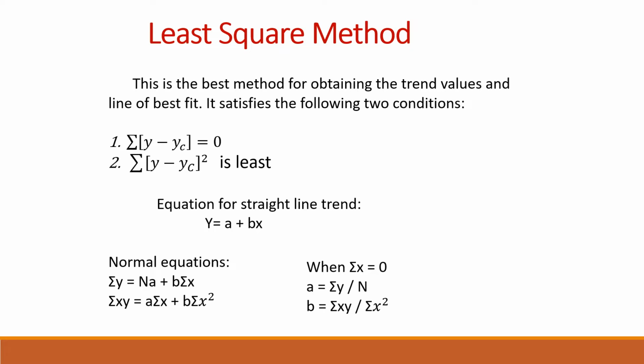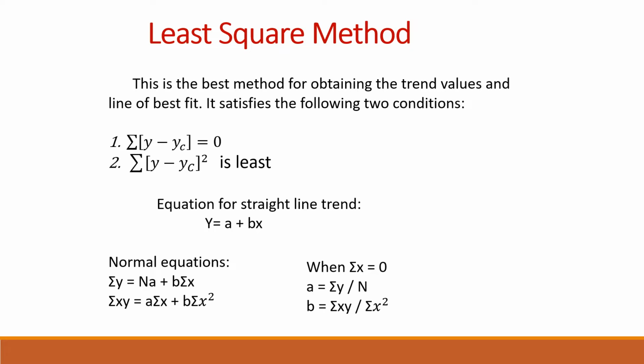It is the method for obtaining trend values where it provides a line of best fit which satisfies the following two conditions. First condition: y represents the actual values of variable y and yc represents the trend values of variable y, so when we sum the deviations, it will be 0.